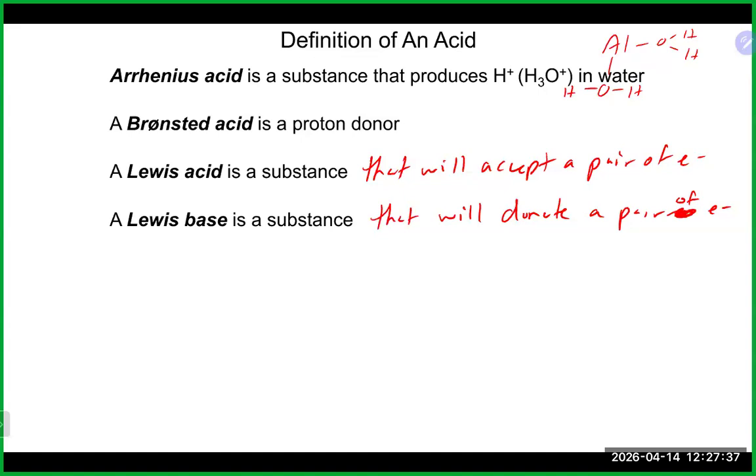And what is a good thing that can act as a Lewis base? Things that have a negative charge are often good Lewis bases, because if you have a negative charge, you gained some electrons, which means perhaps you have electrons to give. And things that are polar with non-bonding electrons, like our friend water, are really good Lewis bases. Water is polar, and it has those non-bonding electrons it could donate.